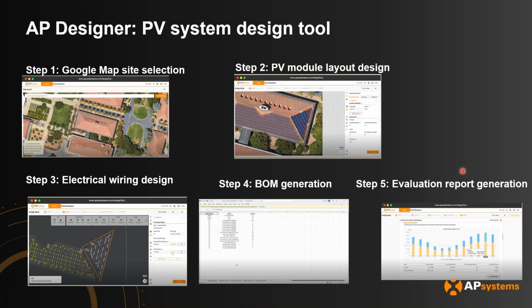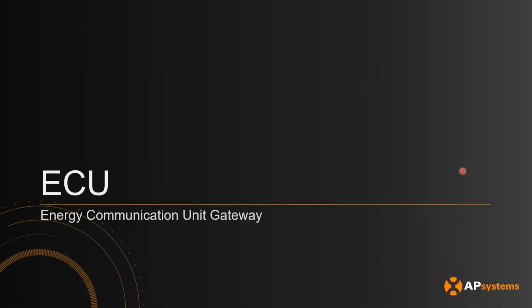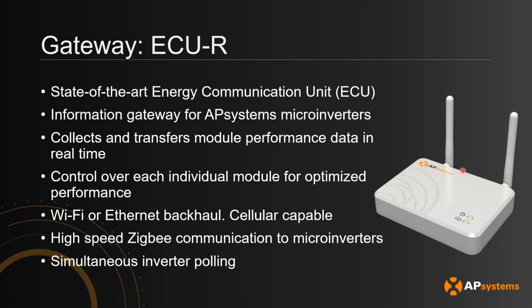The next topic I'll be going over is the ECU communication gateway. So I'll move on to that. All right, so the ECU is the gateway device. As mentioned earlier, first it collects data from the microinverters. So any production, any error alarms is collected from the micros.